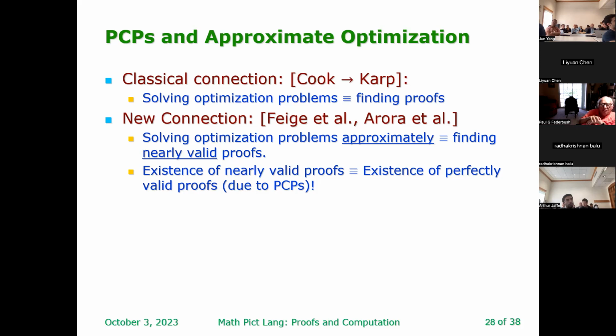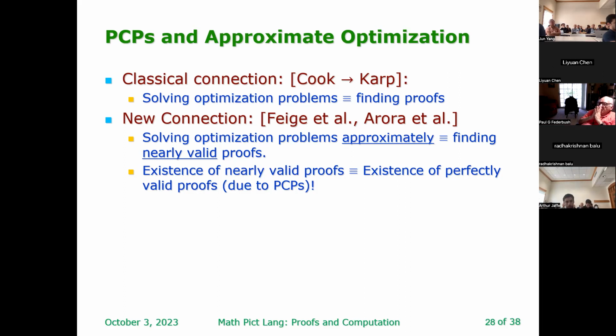PCPs. In the PCP setting, I can say, find me a proof that the verifier will accept with 90% probability. Well, if it's going to accept with 90% probability, the only reason it does is because the theorem is true. So a proof that is accepted with 90% probability has the same convincing power as a proof which is accepted with 100% probability.